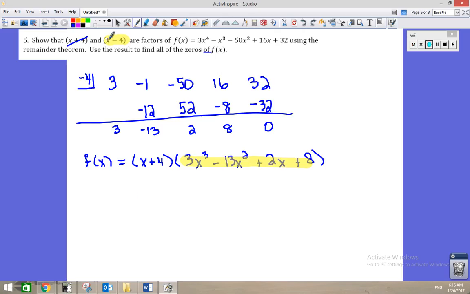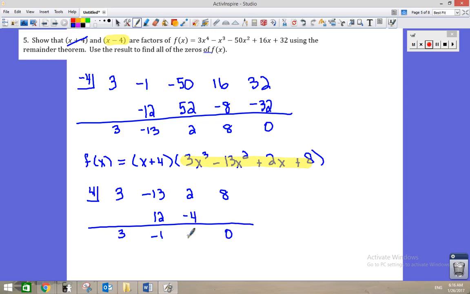So 4 minus 4 gives me 0, so this time I do synthetic division with a 4. I peel off these numbers, that's in standard form, 3, 2, 1 of the constant term. I'm expecting a 0 here. Hopefully I get it. And I do.